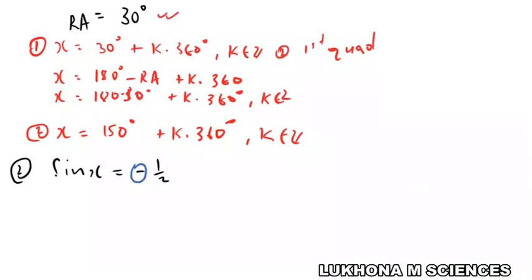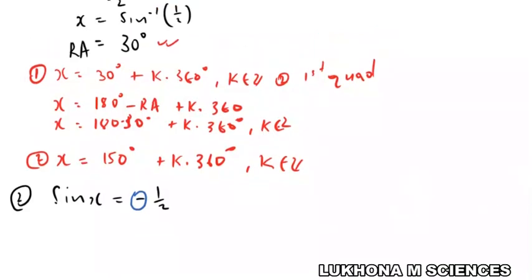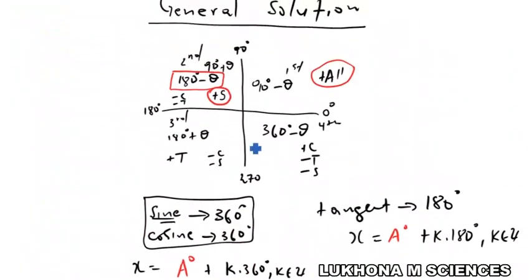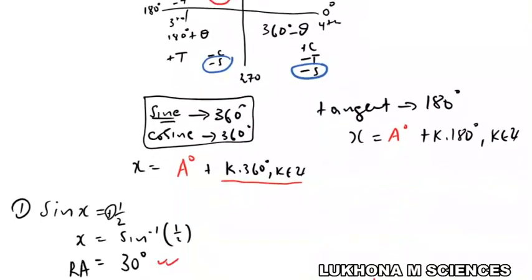This negative sign tells us that the solution is on the quadrants where sine is negative. Let's go back to the diagram. Sine theta on the third quadrant is negative and on the fourth quadrant is negative, which means we have two solutions, that is the third quadrant and the fourth quadrant.